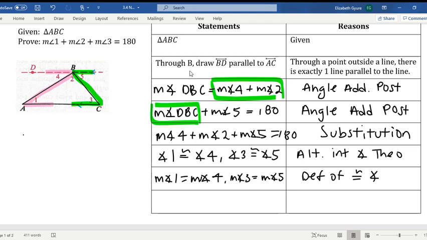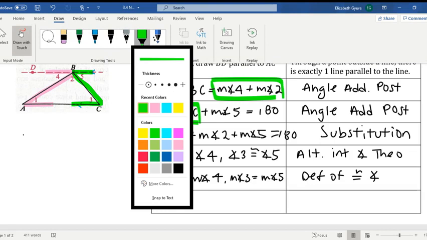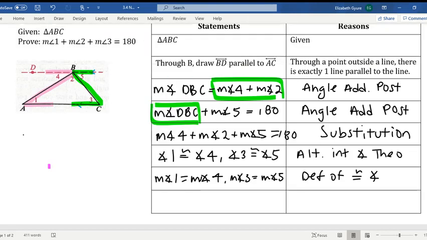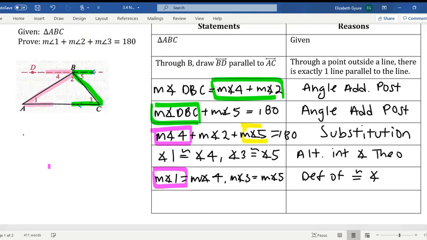Okay. Now is it ready to be substituted? Yes. So now we can take this information that we had here. We have that the measure of angle 4 is equal to the measure of angle 1. And we have that the measure of angle 5 is equal to the measure of angle 3. So we can take that and substitute it in.